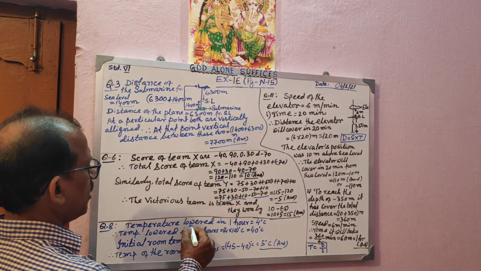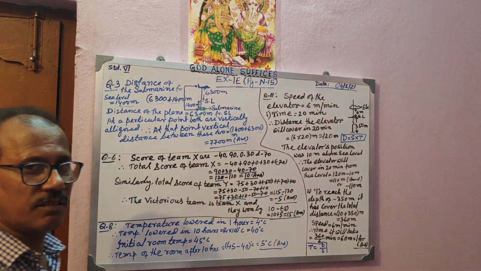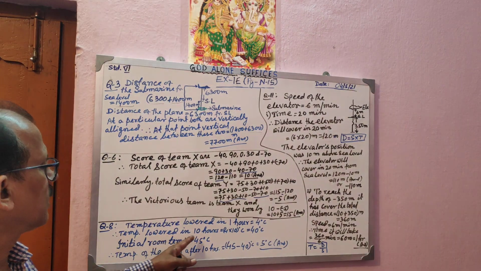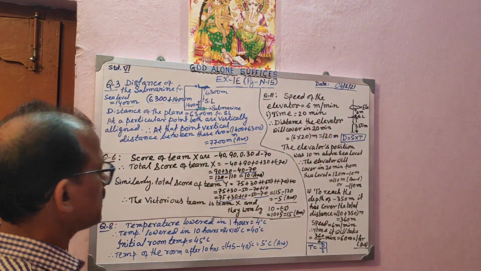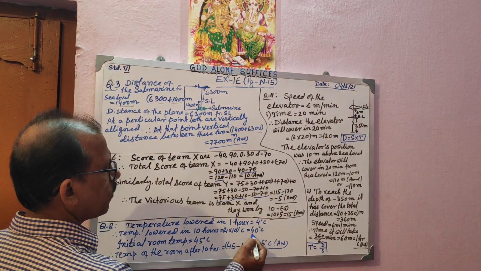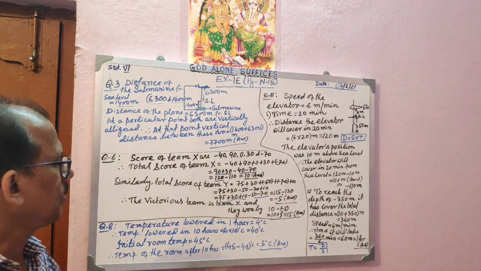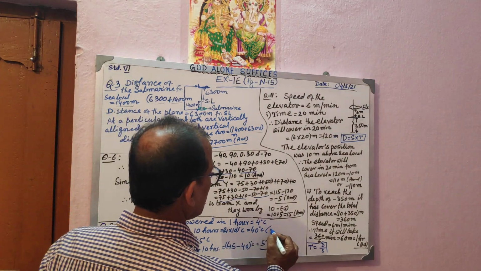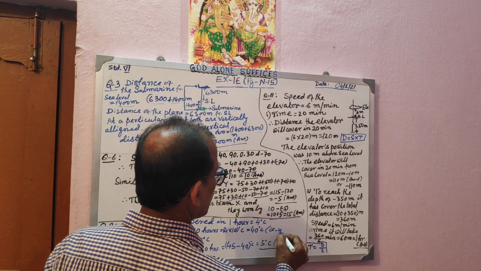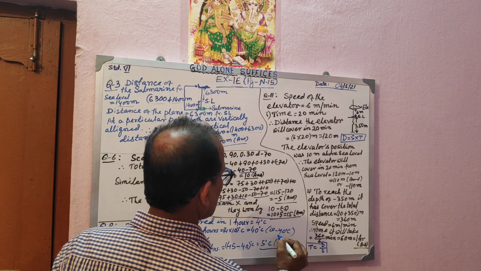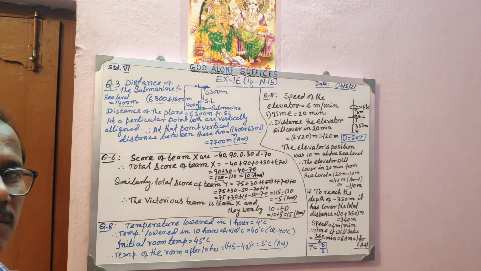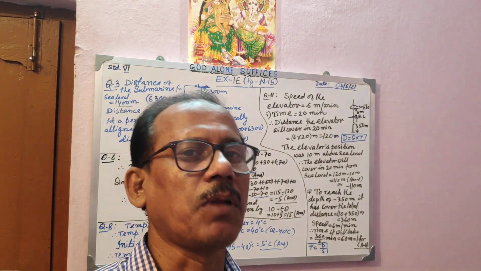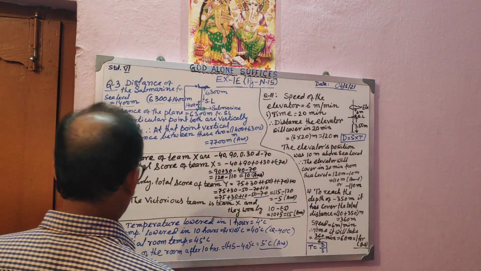The temperature lowered over 10 hours, so you have to take the reading for 10 hours. 10 into 4 is 40 degrees Celsius, which is equal to minus 40 degrees Celsius, because lowering of the temperature is shown to you. Had it been a rise in temperature, it would have been plus 40.